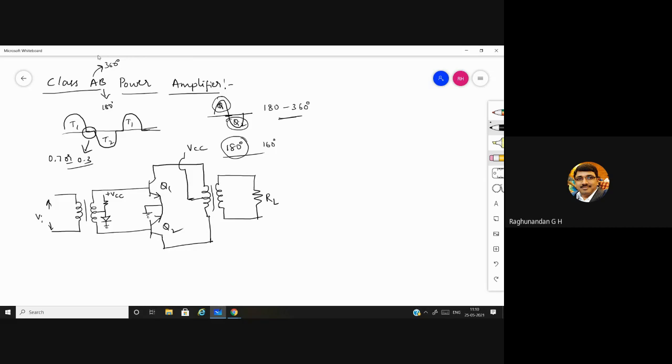The operating point for class B was in the cutoff. So now what we are going to do is shift that Q point above the cutoff region.